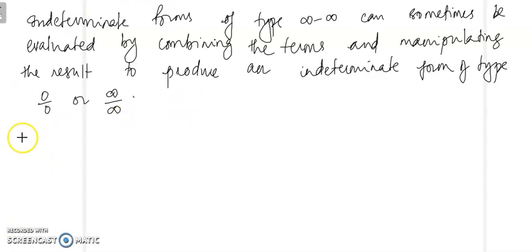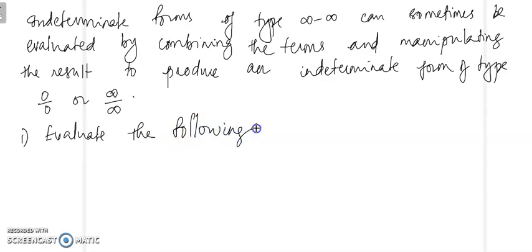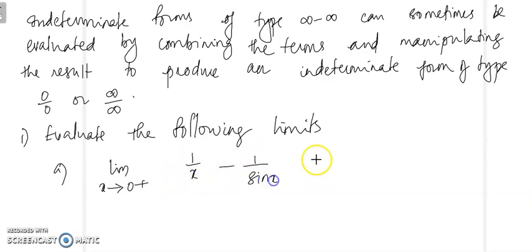So we'll do an example. So first is evaluate the following limits. Find limit x tends to 0 plus 1 by x minus 1 by sin x.